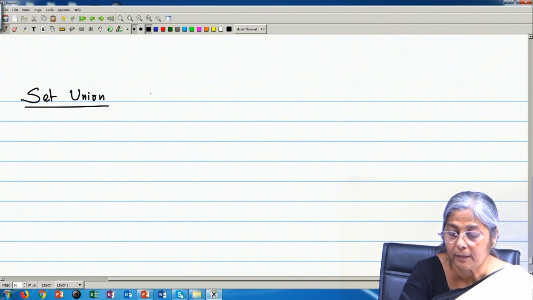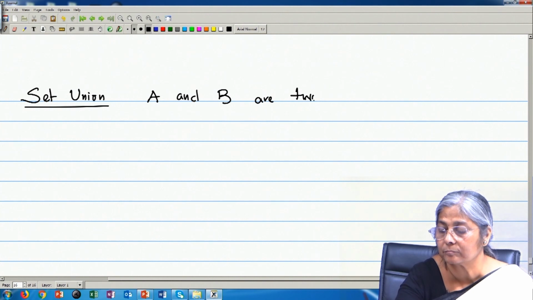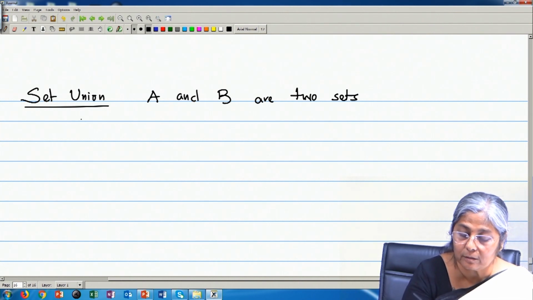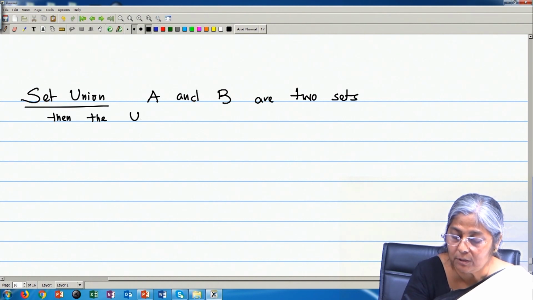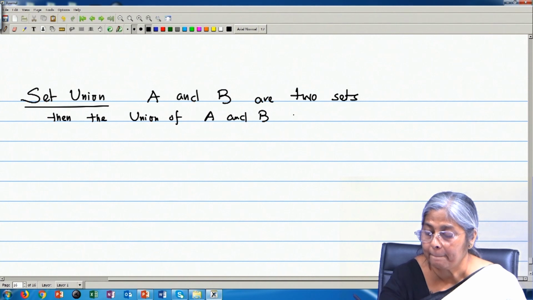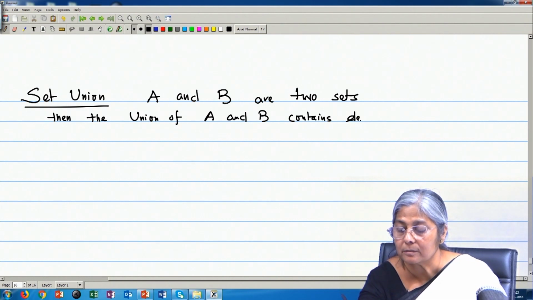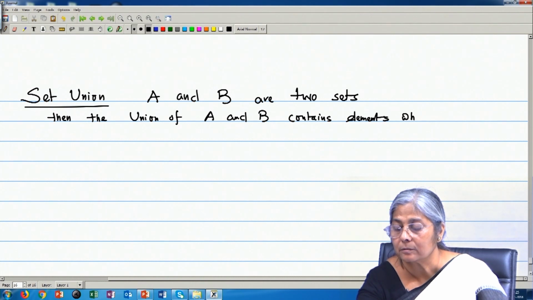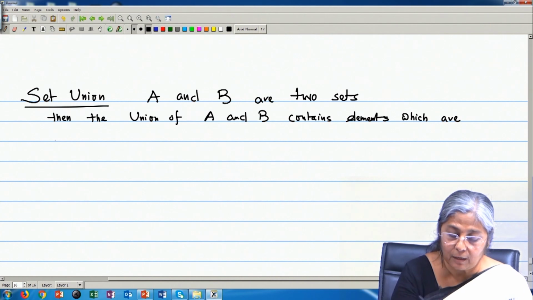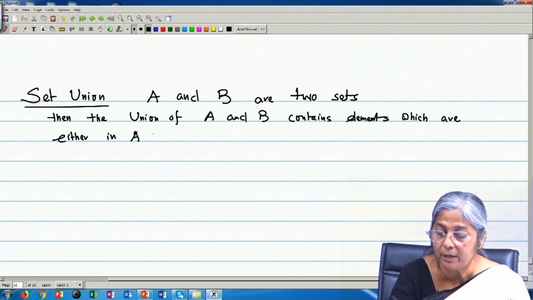If A and B are two sets, then the union of A and B contains elements which are either in A, or in B, or both.